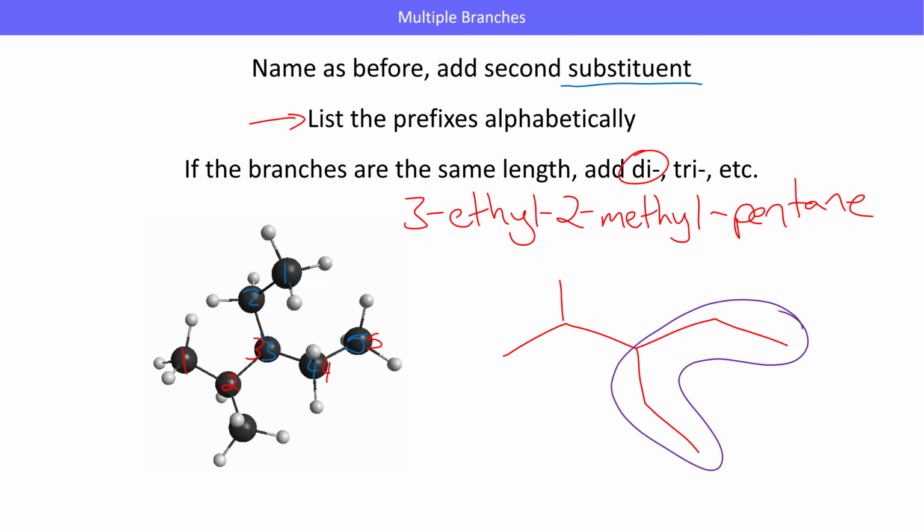That goes against what I just said about count the way that has the most substitutions. For some molecules, we're gonna have to do that. And then we get what I call a complicated branch. And we'll get to naming those later. But this one does have 2 possible names, but this is the better name.